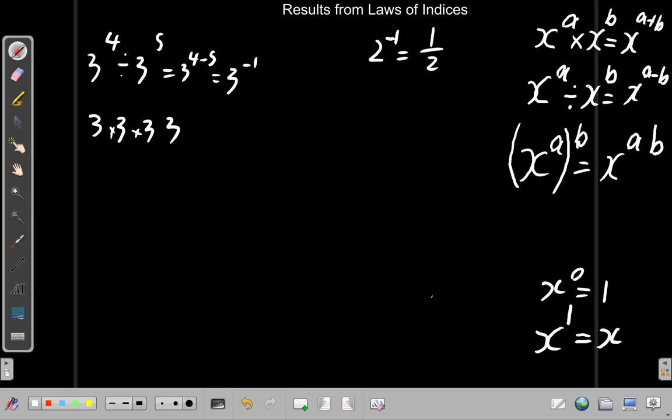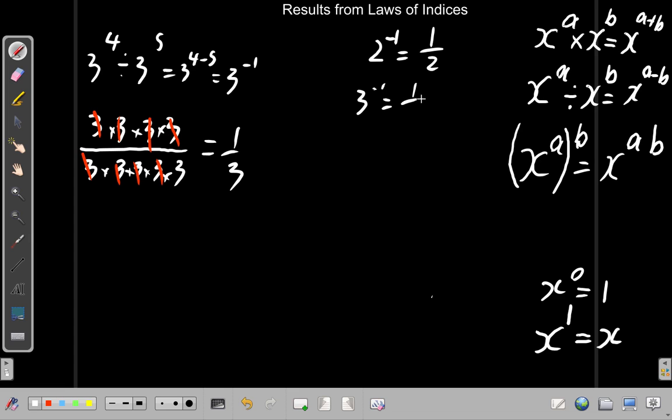That's 3 to the 4th power. Right? Where you have 3, the index is 4, divided by 3 where the index is 5. So you have 5 3's, and they all multiply each other. Alright? So if we cancel down, 3 cancels 3, we cancel again, we cancel again, we end up with 1 over 3. So 3 to the negative 1 is 1 over 3.